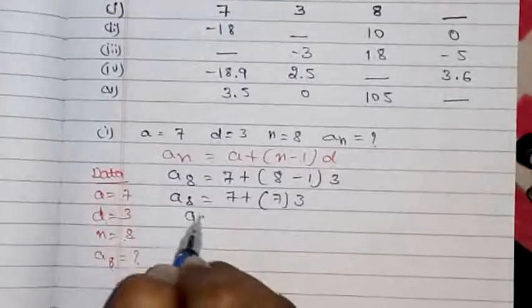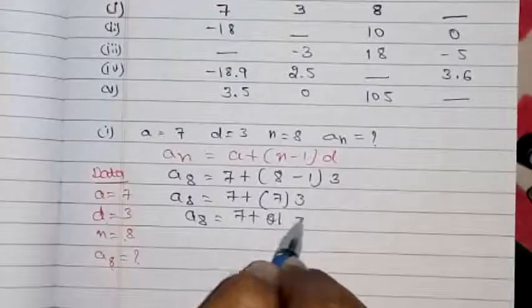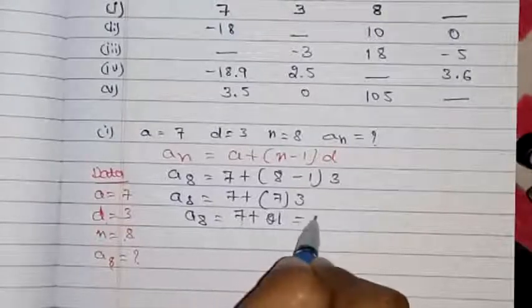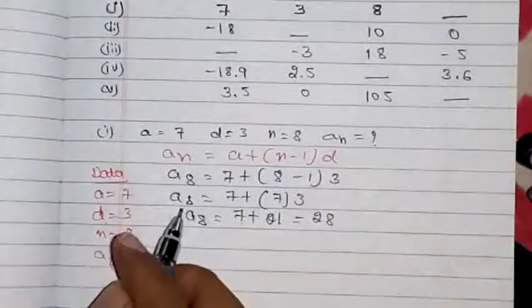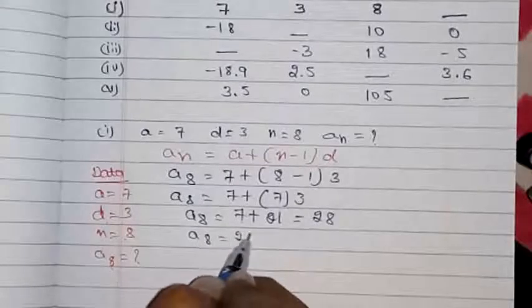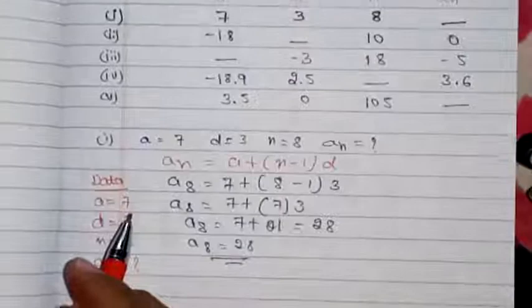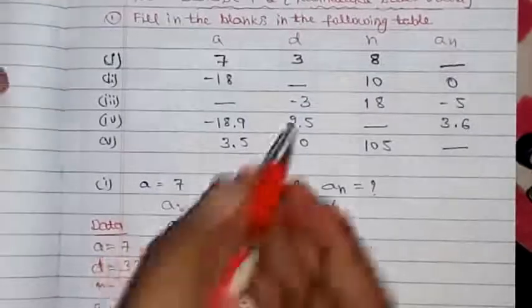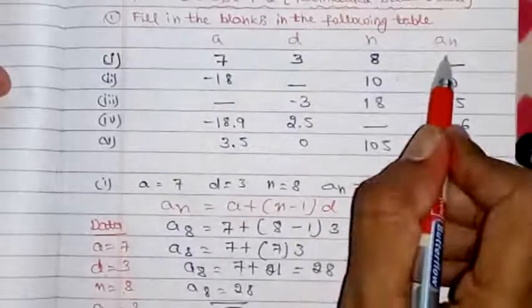So A8 equals 7 plus 21, which equals 28. So what is the answer? The A8th term is 28. That you need to fill in this box, right? The answer is 28.